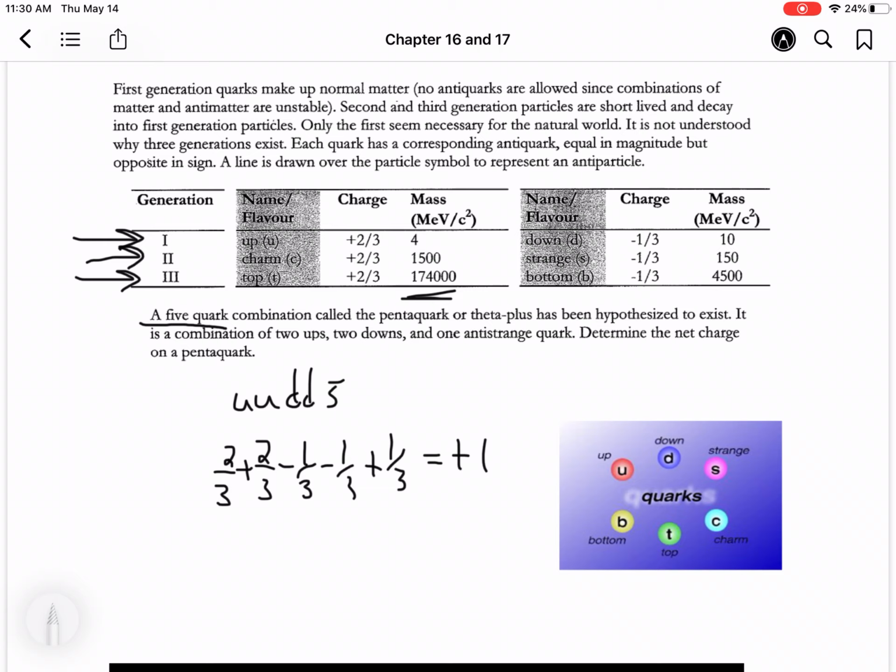It's the same idea as in chemistry, where we could predict where elements should be. The same idea with the pentaquark is that it should exist, we just haven't found it yet. So 2 ups, 2 downs, and an anti-strange. The charge is 2/3 plus 2/3 minus 1/3 minus 1/3 plus 1/3, which is positive 1, hence the name the theta plus quark, or the theta plus hadron, depending on how you're going to call it.